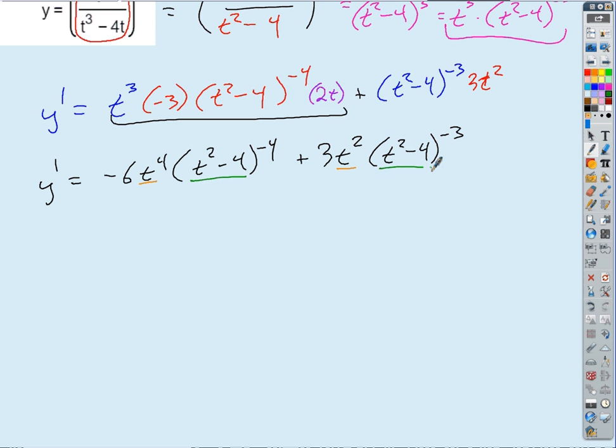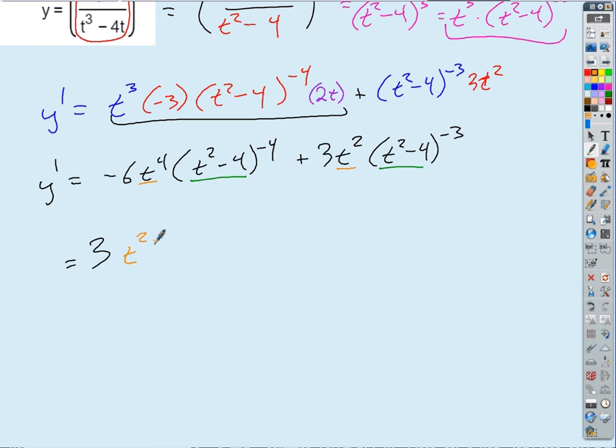Okay? And what number could we factor out? 3. We take out a 3. So if we're collecting a bunch of stuff out front, we've got 3 out front. Now what power of the base t can I factor out? T squared, right, the least power. Okay, so we take out a t squared.